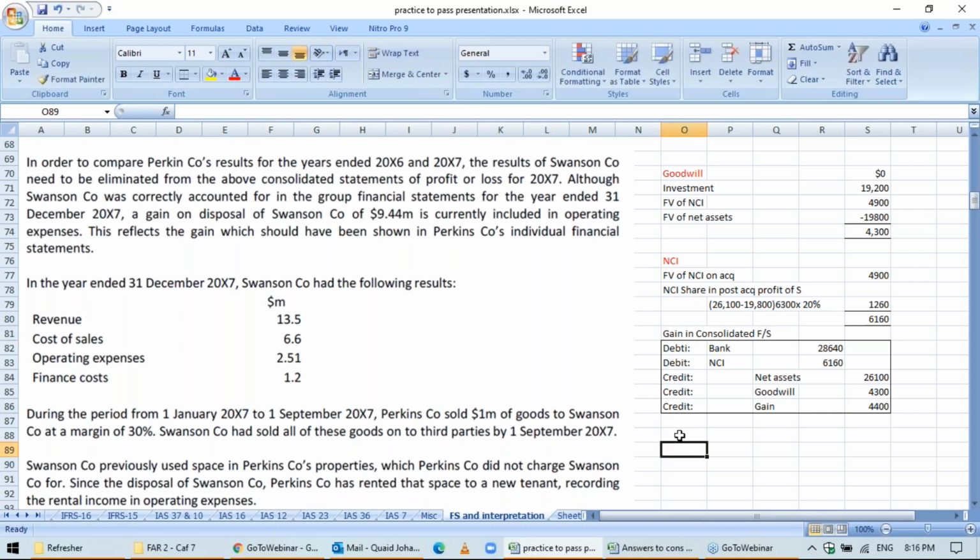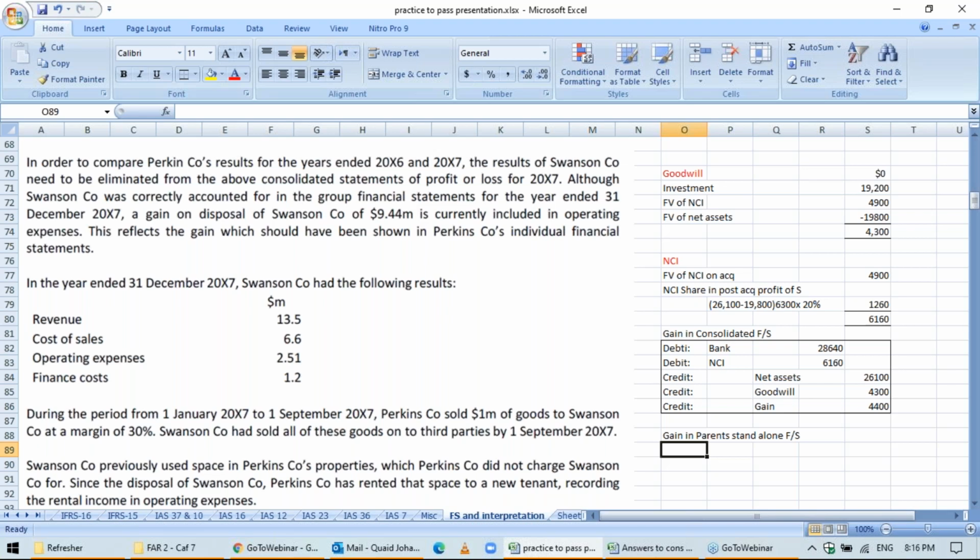So the gain in the parent's standalone financial statements. In the parent's standalone financials, they won't be consolidating the assets of the subsidiary, right? So what will be happening there? They will have the investment over there. Investment in shares will be reported in the standalone financial statements.